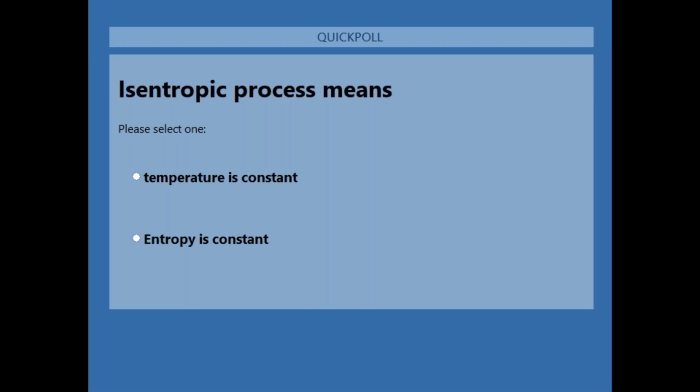Let us see how many of you are attentive. Please be quick in voting your options.